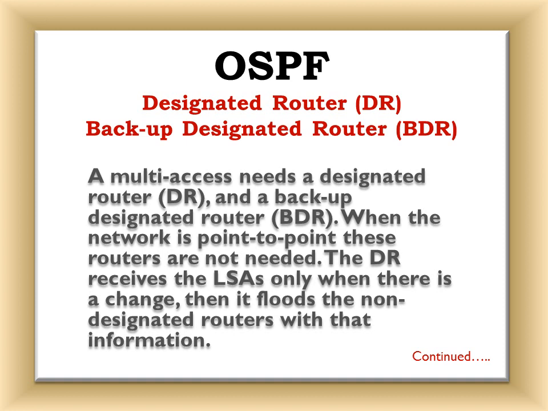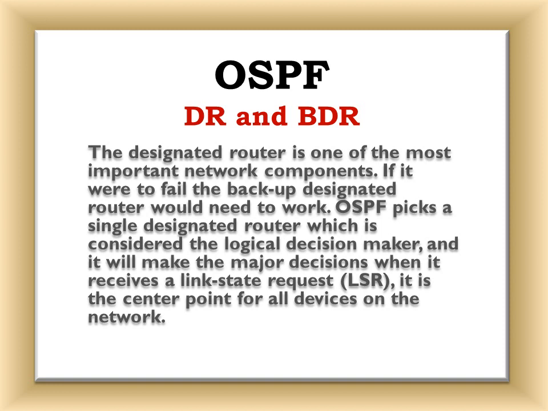When the network is point-to-point, these routers are not needed. And the DR receives the LSAs only when there is a change. More information about DR and BDR: the designated router is one of the most important network components. If it were to fail, the backup designated router would need to work.